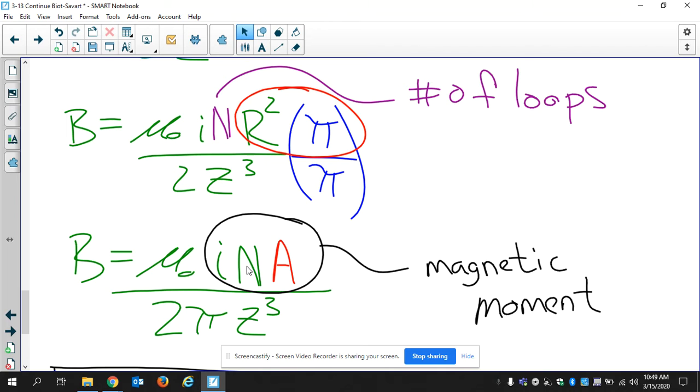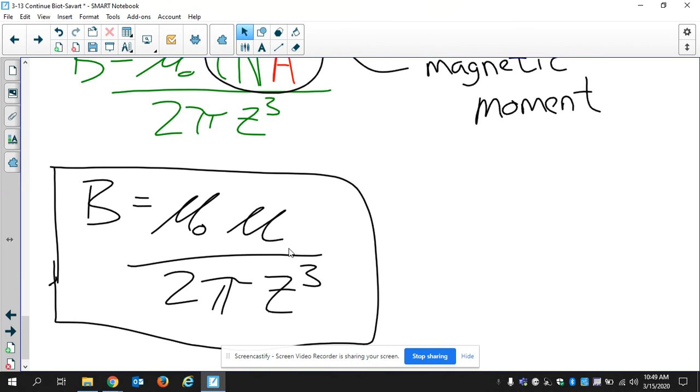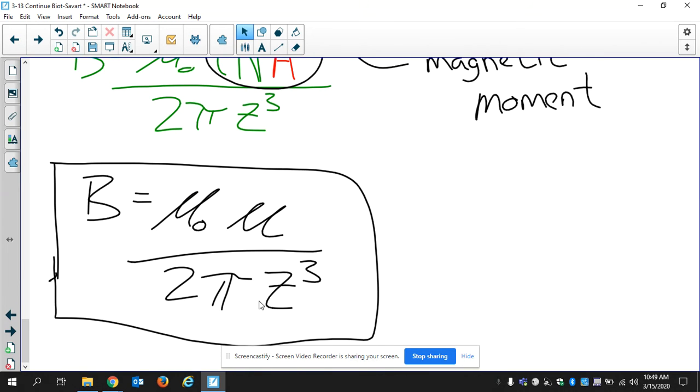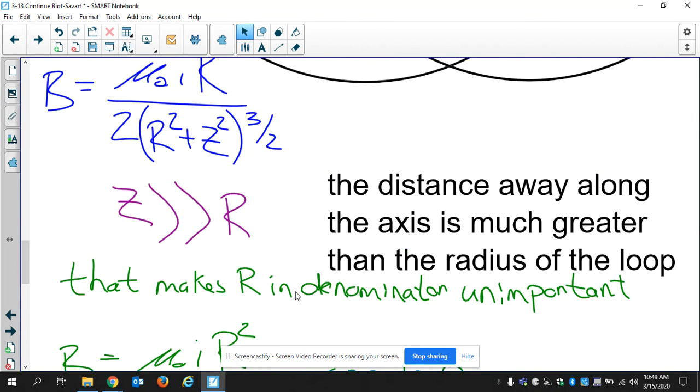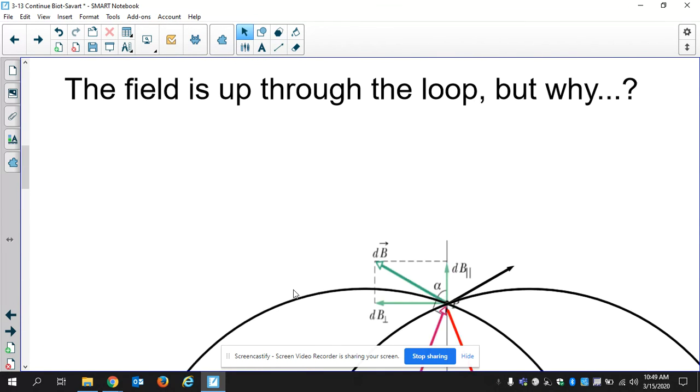And then we have I N A, which is what we call the magnetic moment. You remember that when we were doing torques on current carrying loops from chapter 29. This has that funny symbol mu. So then you get that crazy equation where it's mu naught mu over 2 pi z cubed. And that's the equation for magnetic dipole moment.